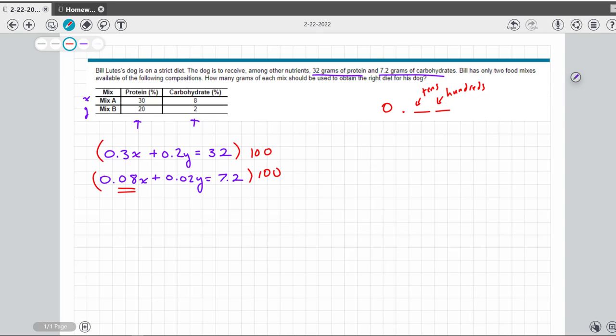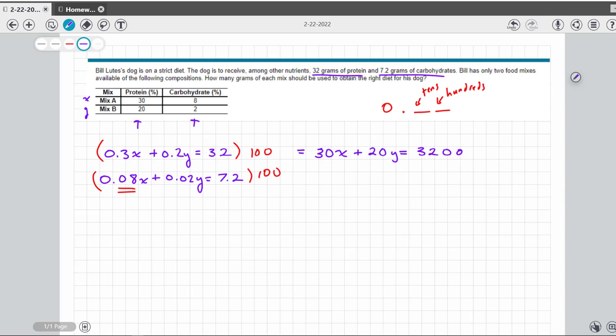So what I could actually do is multiply every single term by 100. And you might be like, why? Well, you're going to see these are going to look nicer. So 30x plus 20y equals 3,200.